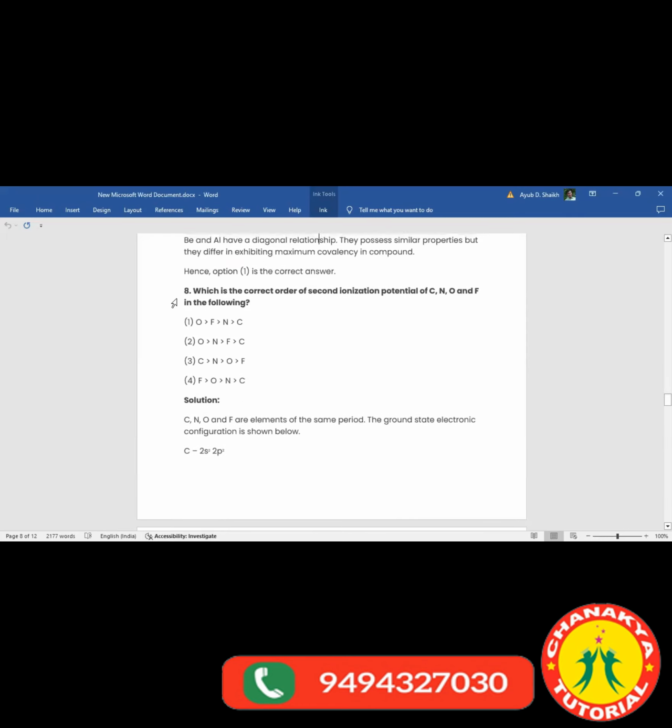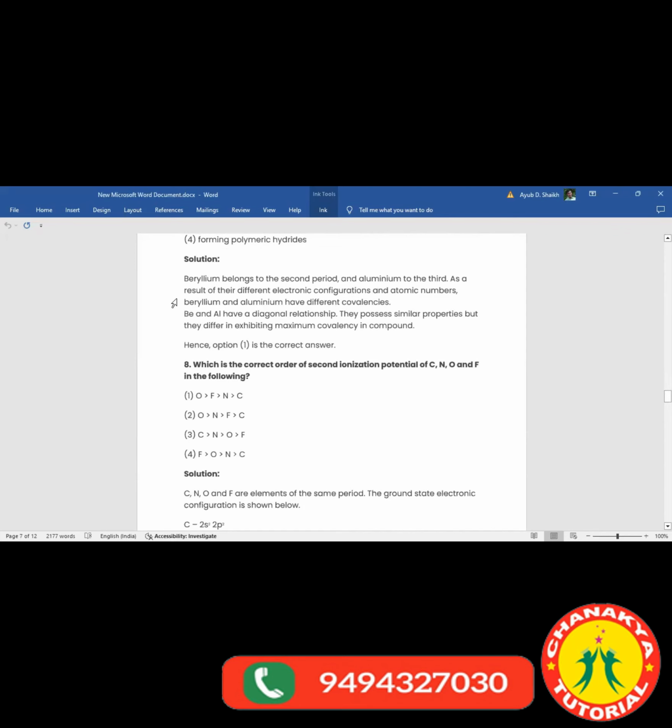You were not there for this question as well, I guess. Which is the correct order of second ionization potential of carbon, nitrogen, oxygen, and fluorine in the following? Second ionization potential, not the first.